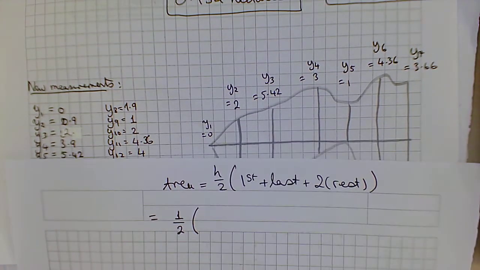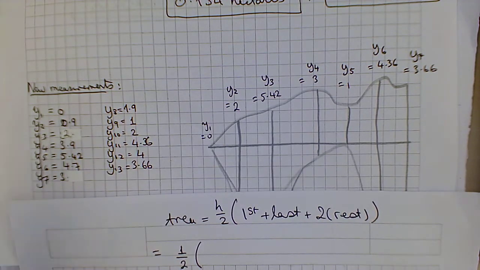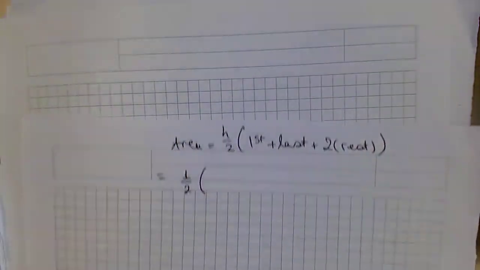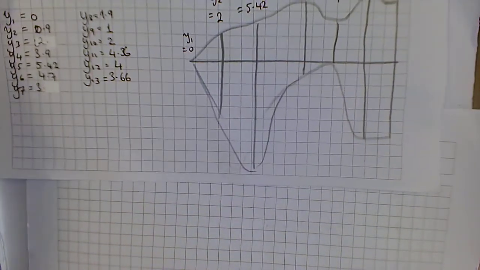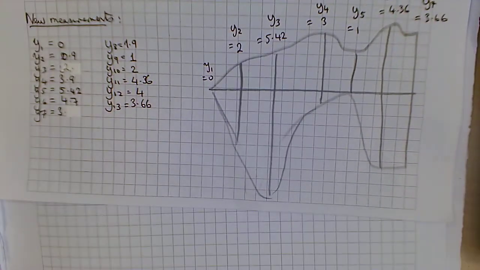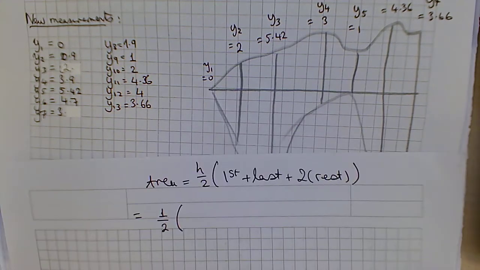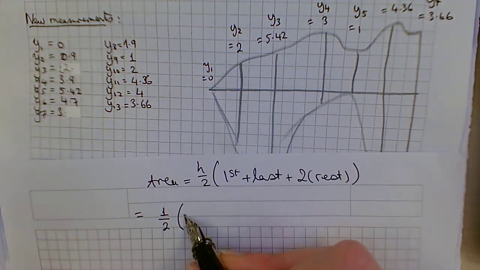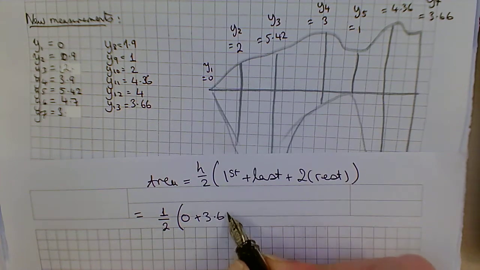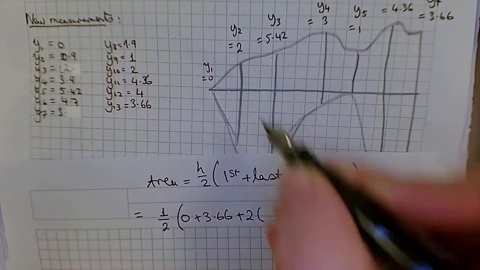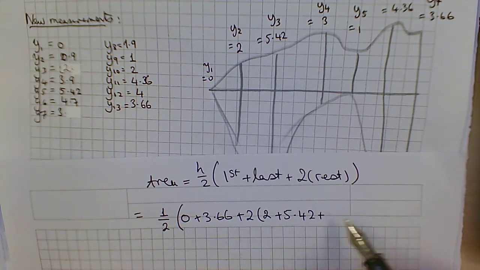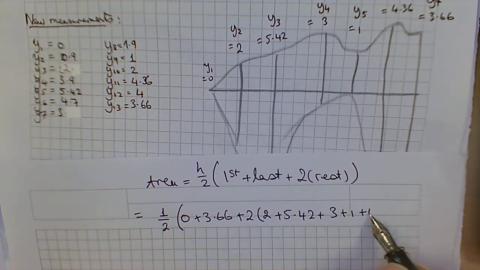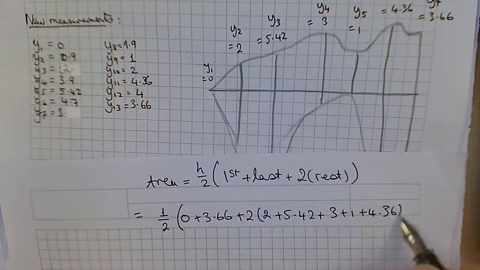This is moving around a little bit, sorry. So we have 0 plus 3.66 plus twice all of the other vertical heights: 2 plus 5.42 plus 3 plus 1 plus 4.36.